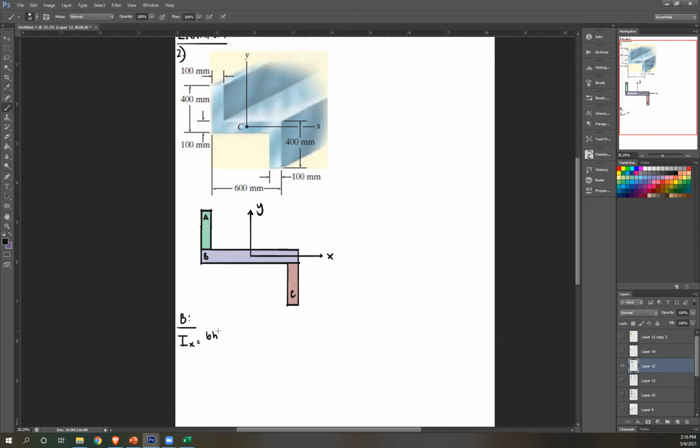Base of this, looking here, the total width is 600, times the height, given here, 100. So 600 times 100 cubed over 12. Please solve. What's the answer?